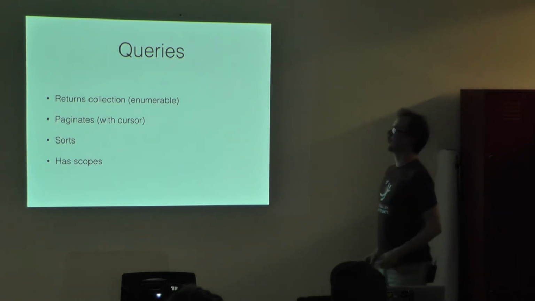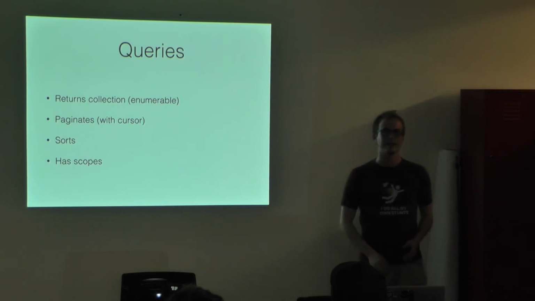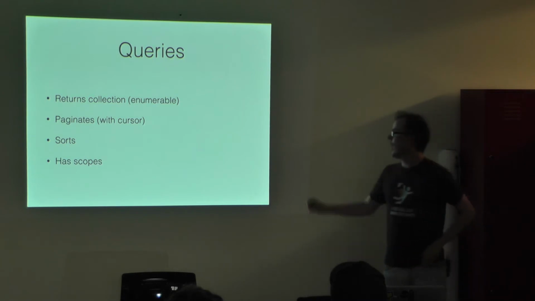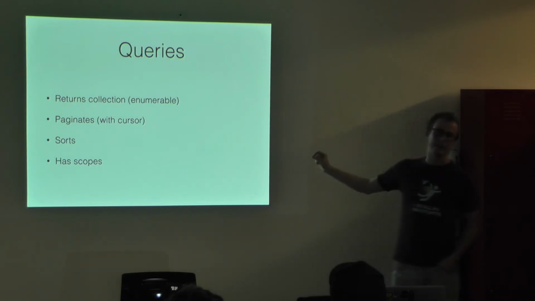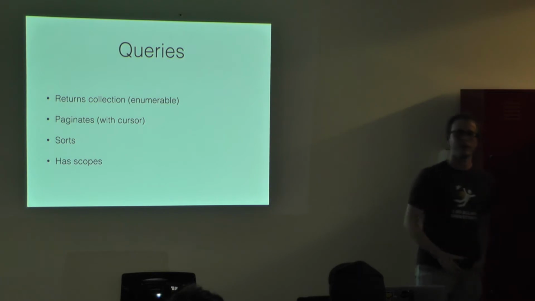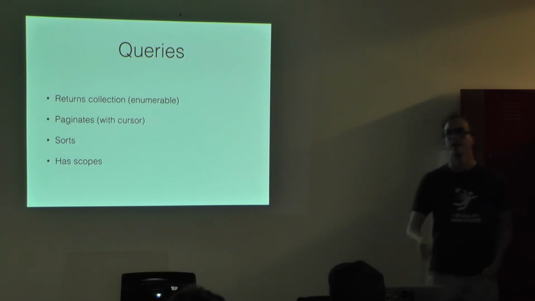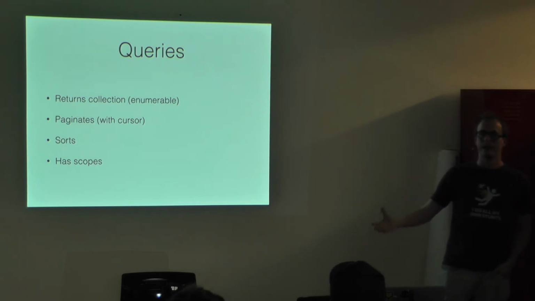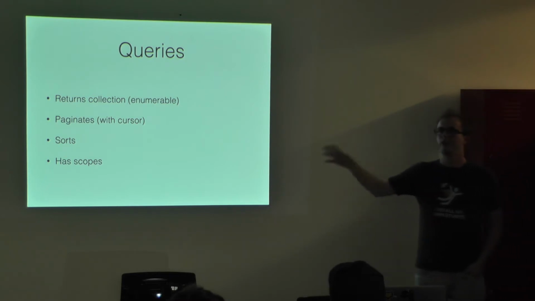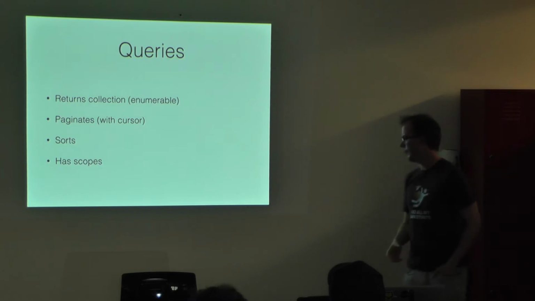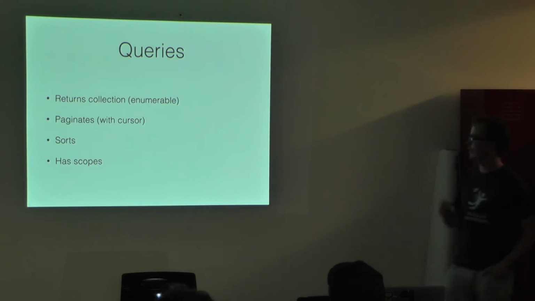It will always return a collection, period, an enumerable set. There's no questions asked. It will paginate itself automatically. So every query that you do to a query object, you will get a paginated collection back with cursor information that you can immediately use to render in your views or in your API views or in your HTML views with Kaminari or whatever.